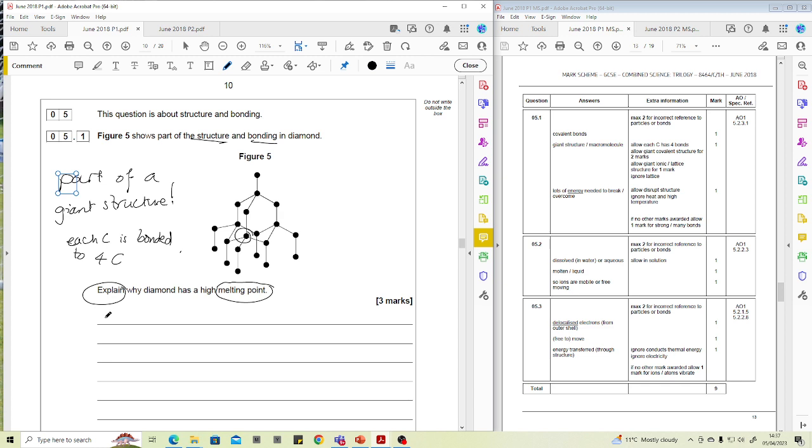So carbon in diamond has a giant structure with many strong covalent bonds. Each carbon is bonded to 4 others.